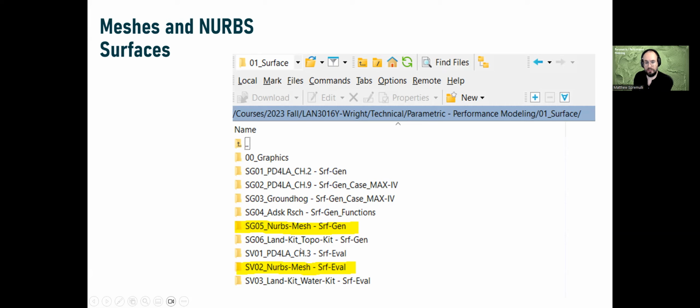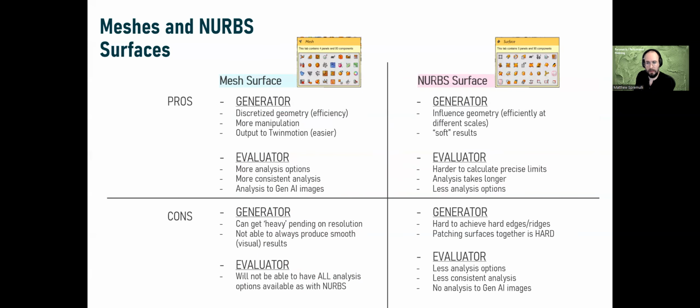And each of these two folders are going to be quite similar: NURBS versus mesh for generation and NURBS versus mesh for evaluation. I think they have the same file in them. They might just have a few extras here and there.